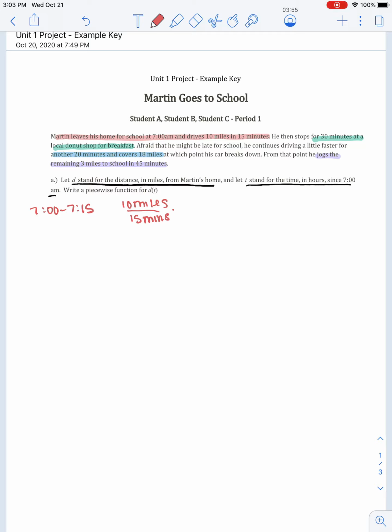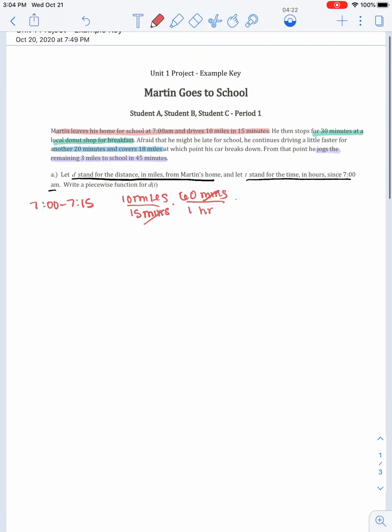Remember, we have our miles for distance and hours for time, so we want to kick this into miles per hour. So we know that there are 60 minutes per 1 hour. And if you notice, the units of minutes cancel and we're left with what we are after as far as units go, miles per hour. Right? Some quick division or multiplication will show us that the rate that he's traveling here is 40 miles per hour.